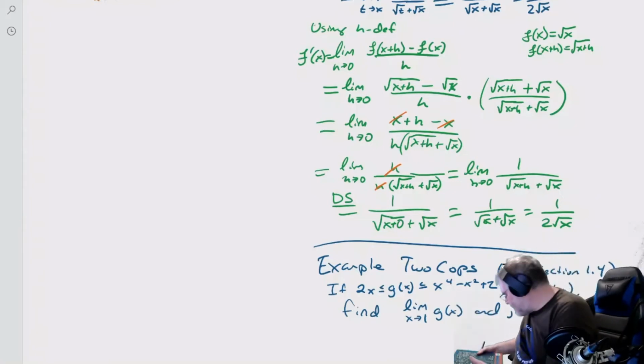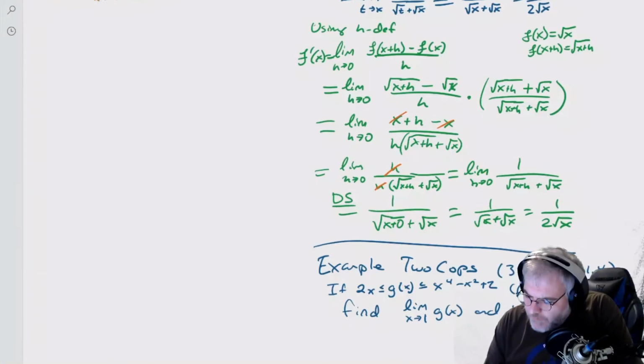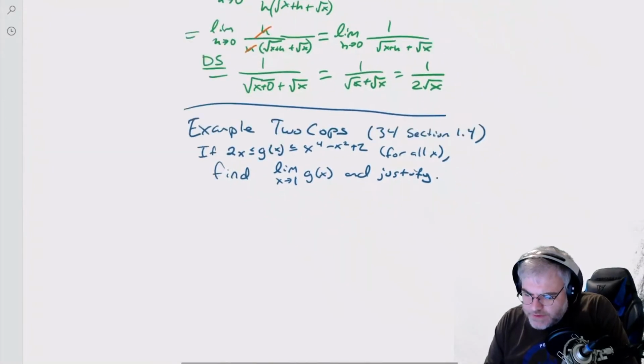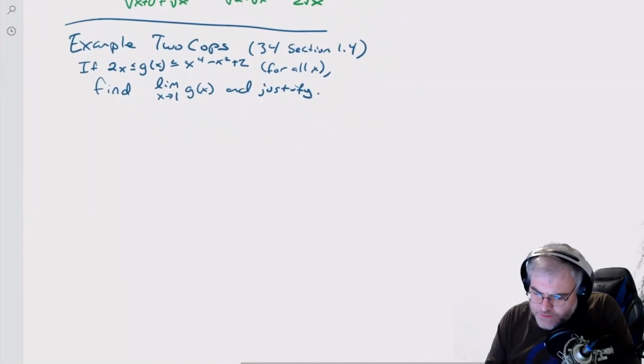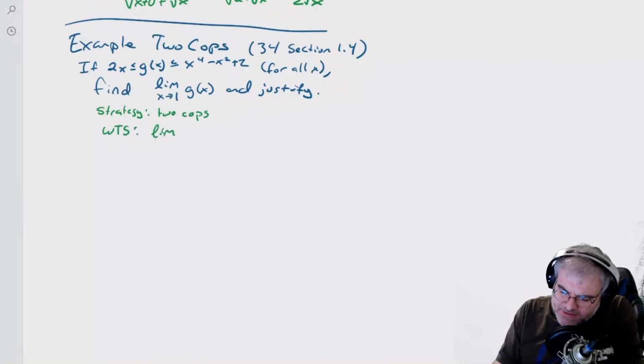Okay, so here's an example of a two-cops problem. My strategy is two cops and a junk. And I want to show that the limit as x goes to 1 of g of x equals 2 times 1, which equals 2.